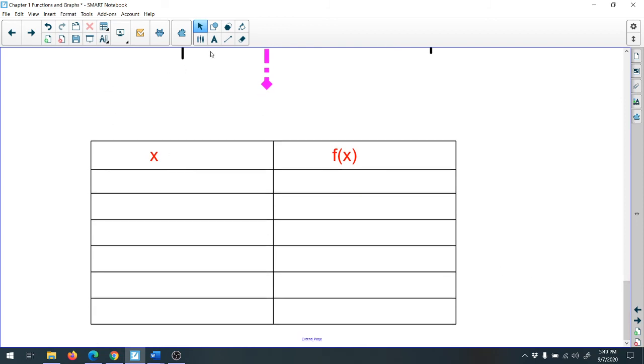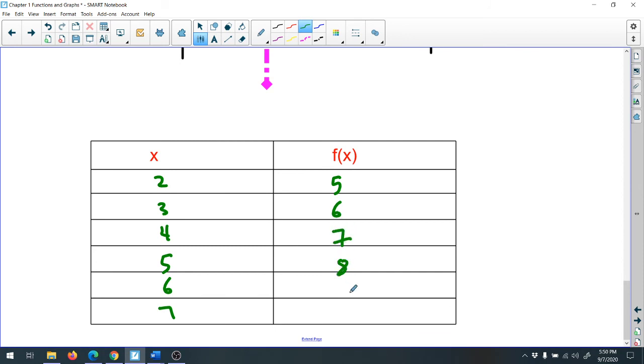Also, if we are given tables such as x is 2, 3, 4, 5, 6, 7, and they tell you f of x equals 5, 6, 7, 8, 9, 10.